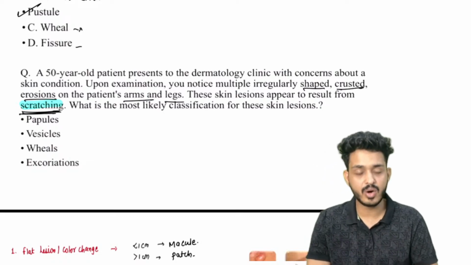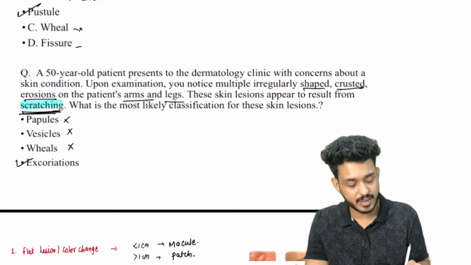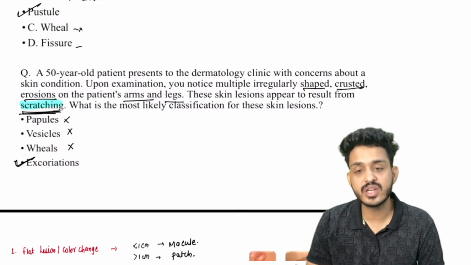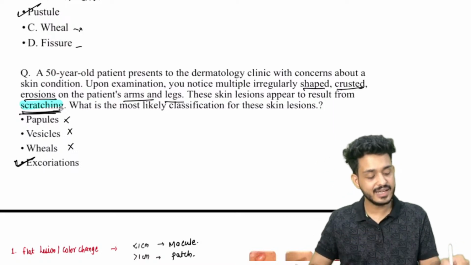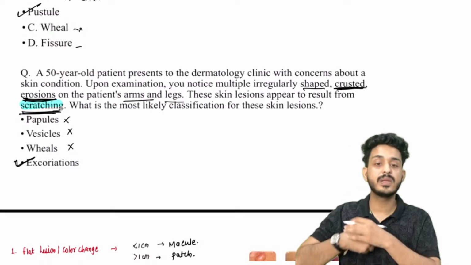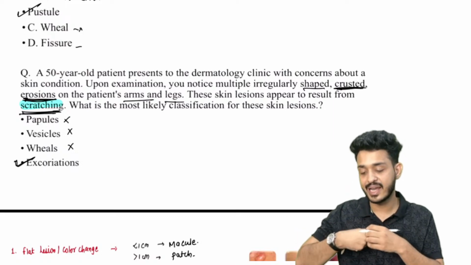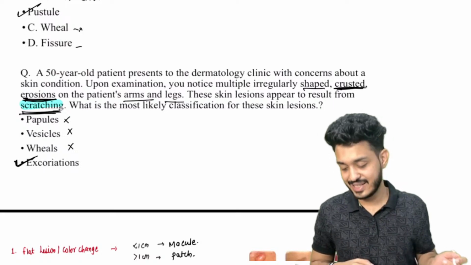Among secondary lesions, the one is excoriation. We already know excoriation is a linear erosion, a loss of epidermis along a line. So your answer will be D in this case.